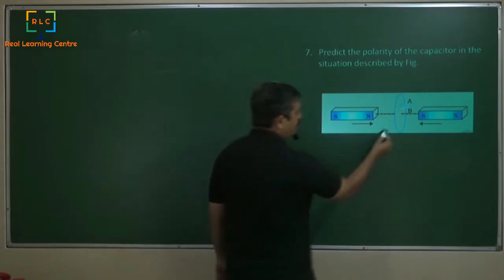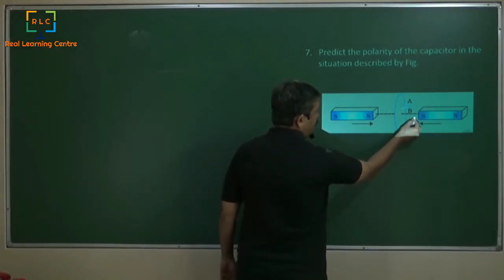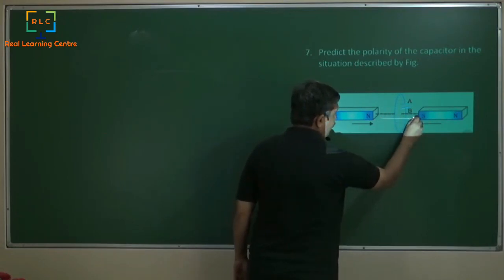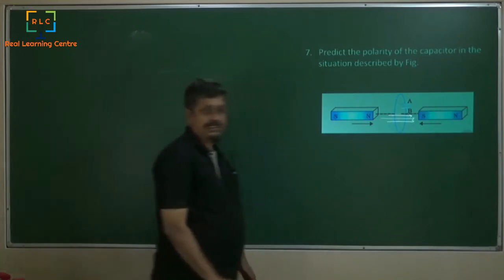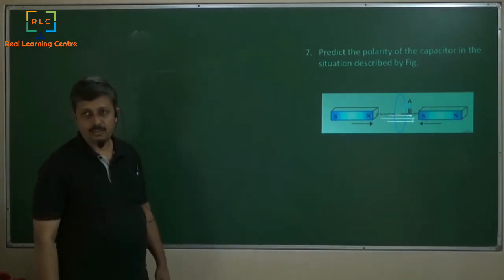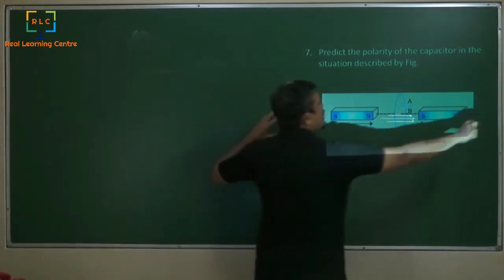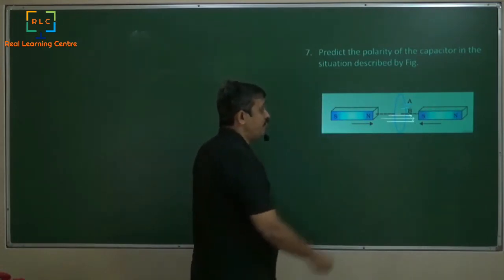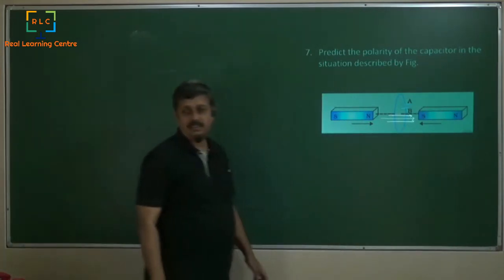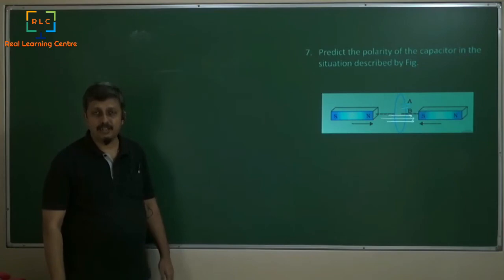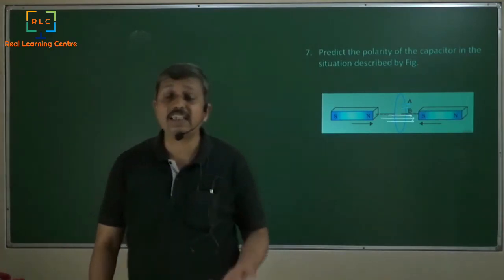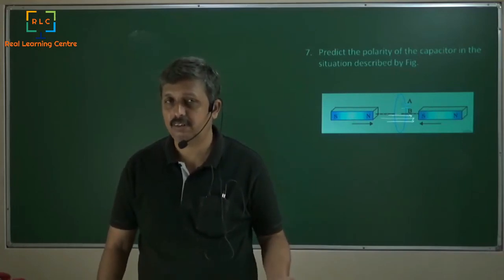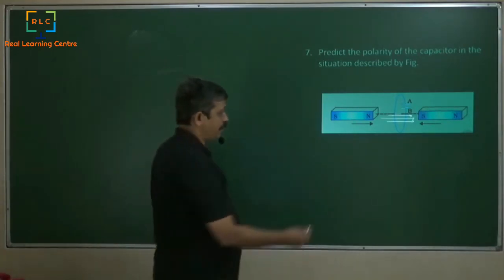If you see the direction of the magnetic field, from north to south, the direction of the magnetic field inside is like this currently. And you are bringing it nearby, which means you are strengthening this magnetic field. Now Lenz's law tells us that it has to oppose it, and to oppose that, it has to weaken the magnetic field.